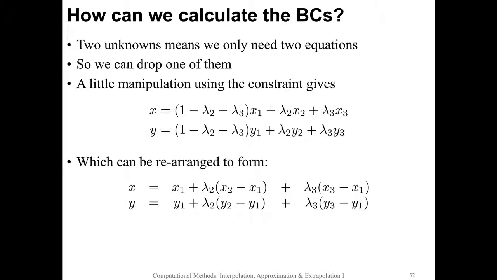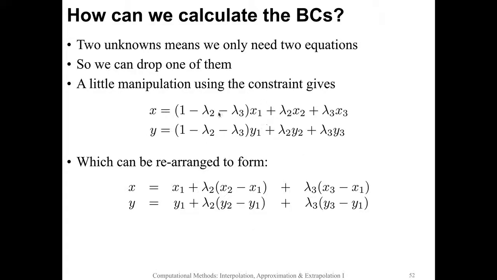So that means we only have 2 unknowns, so we only really need 2 equations, so we can drop one of our equations. And if we do that and do a little bit of rearrangement, then we can end up with a system that looks a little like this. So if you remember, this was lambda 1 in terms of the other 2 lambdas, and here's our lambda 2's, and here's our lambda 3's, and we've dropped the z equation and only retained the x and y equations from our original set.